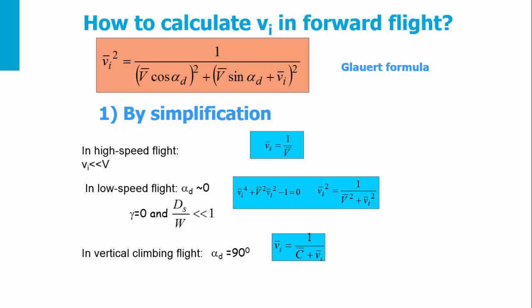Therefore, we obtained a fourth order equation in Vi, depending only on the forward velocity V, from which we can calculate induced velocity in forward flight. Observe that in a vertical climbing flight, the disk angle of attack is 90 degrees. Therefore, sine is 1 and cosine is 0, and the induced velocity is 1 divided by V plus Vi.